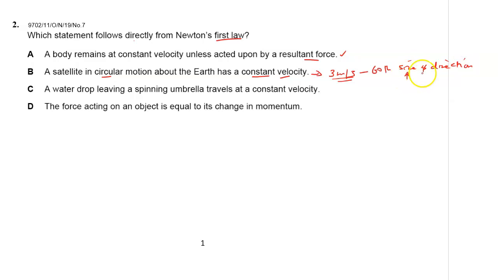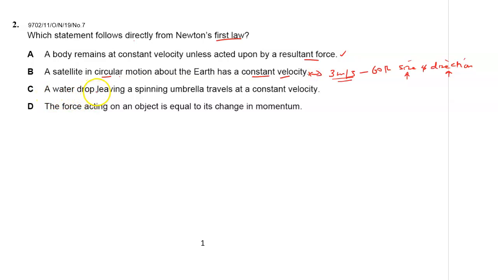So if this is constant and this is changing, then the body is accelerating. If this is constant, like in the case of a straight line, and the size is changing, then it is still also accelerating. So it is accelerating, it's not continuing in a constant speed. And according to first law of Newton, then it needs to be either at rest or continue in constant speed. So B is not right.